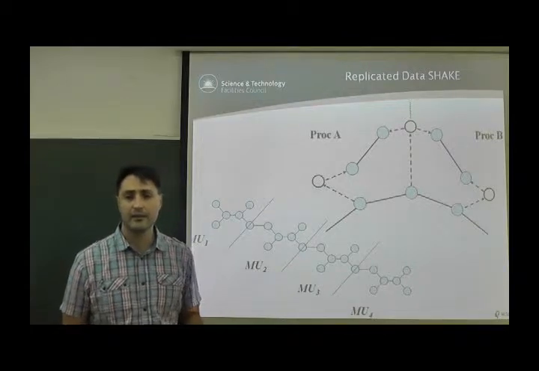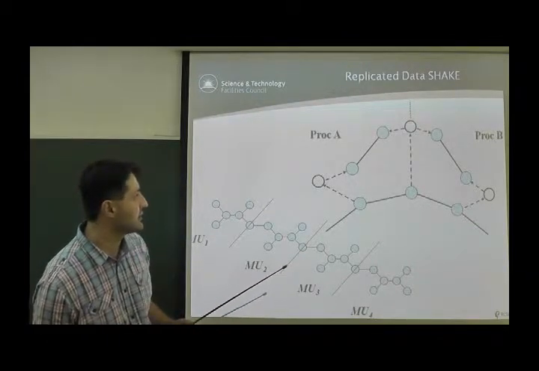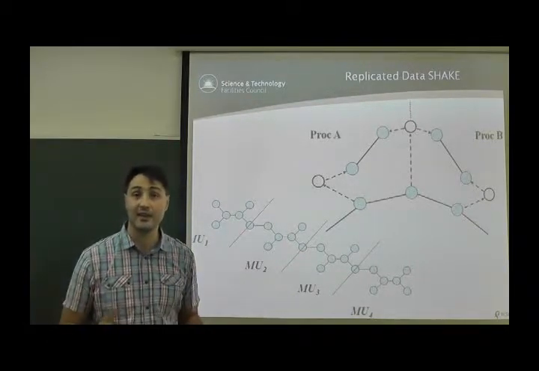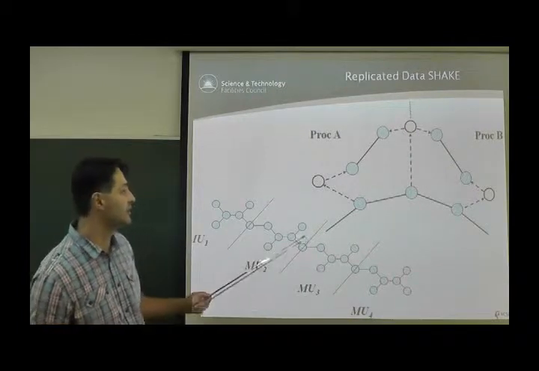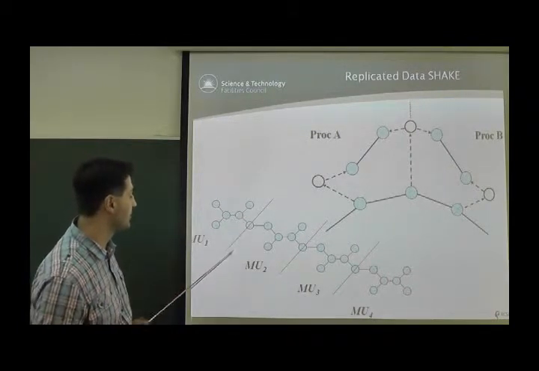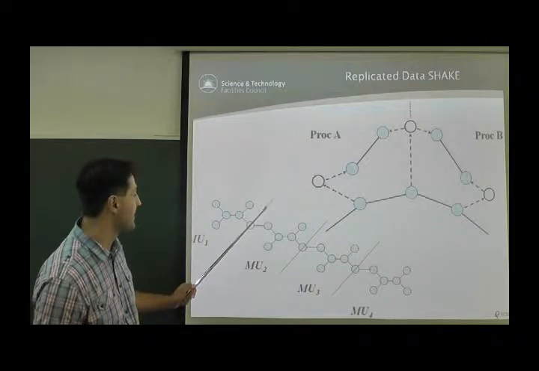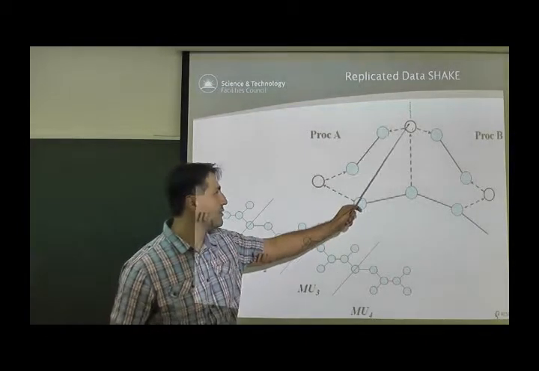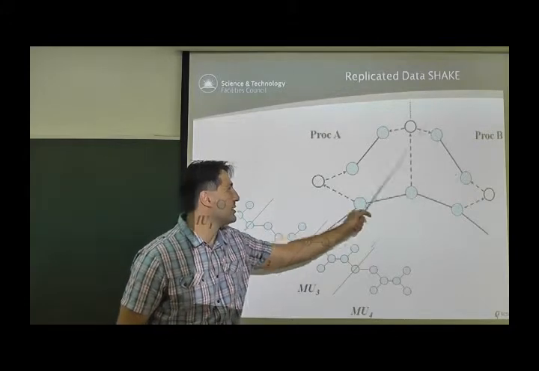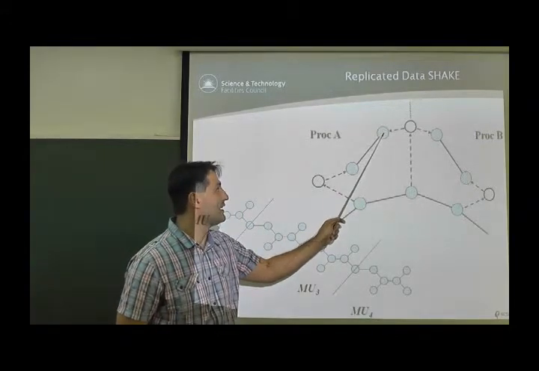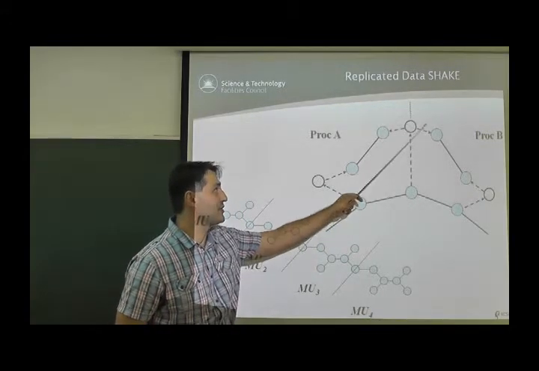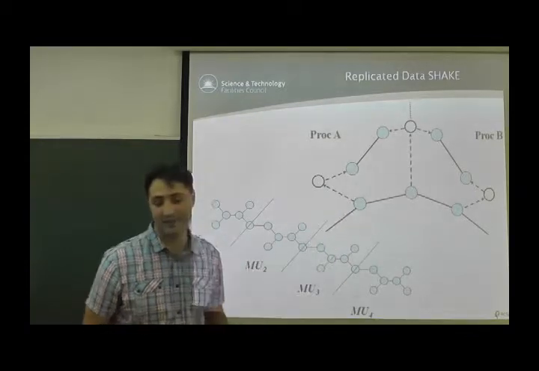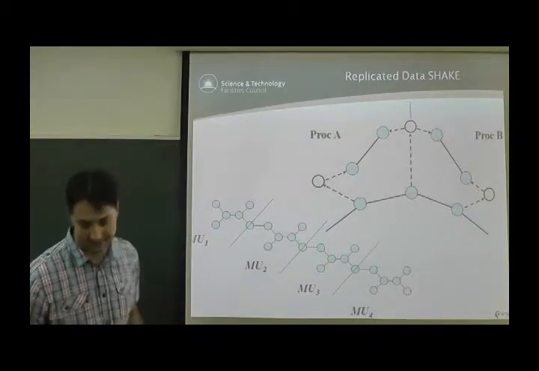There's a certain care that needs to be taken in the replicated data shake, which is because bonds are divided by particles. Essentially, we have to account for two bonds being solved in two processors, driving a particle in different directions, so we have to sum up and divide when a particle is divided in that case.